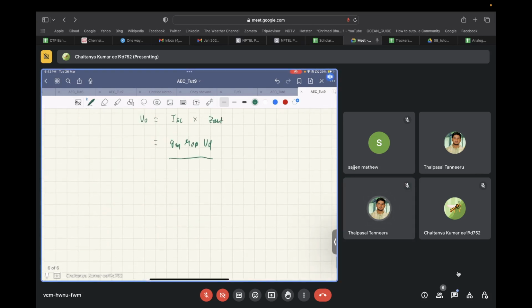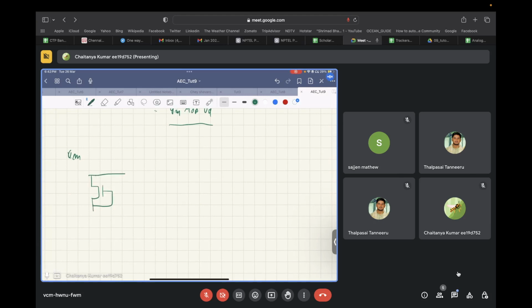Now let's see the common mode half circuit. What will happen in common mode case? So you have VCM over here, V bias, then VCM over here.